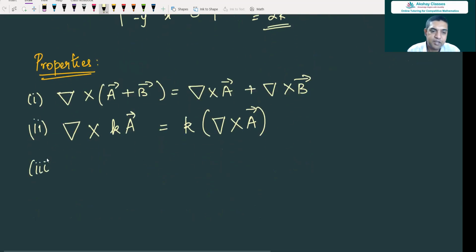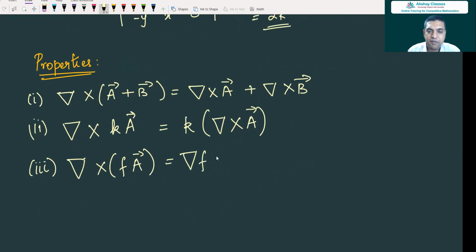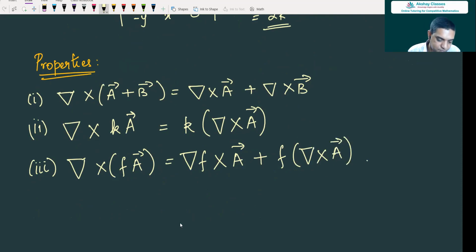Now, if we have a scalar field as we did last time, now we get del f cross a bar plus f times del cross a bar. Very important.